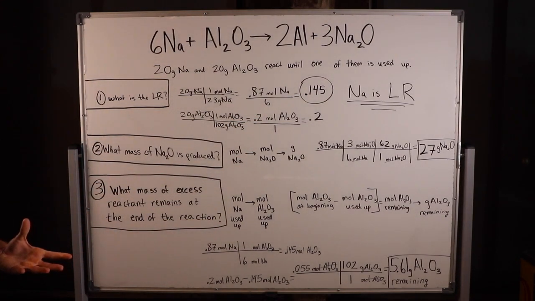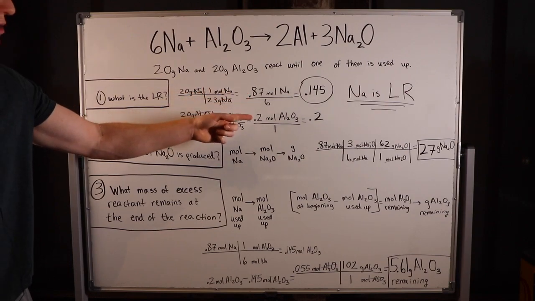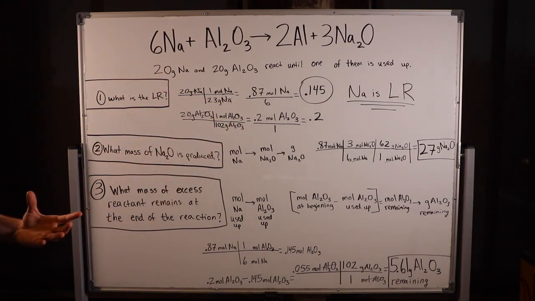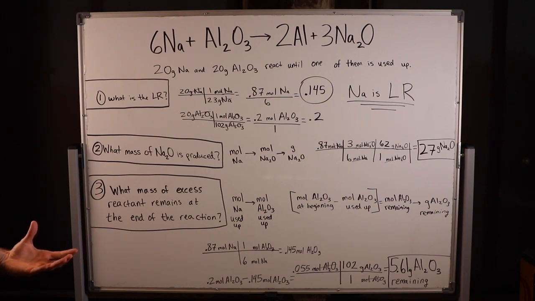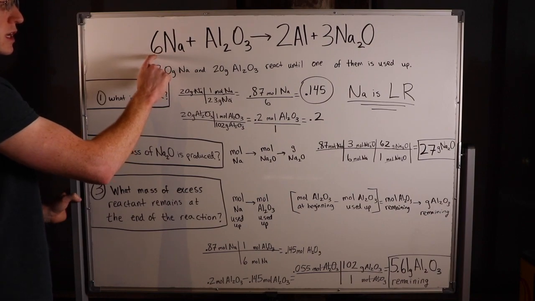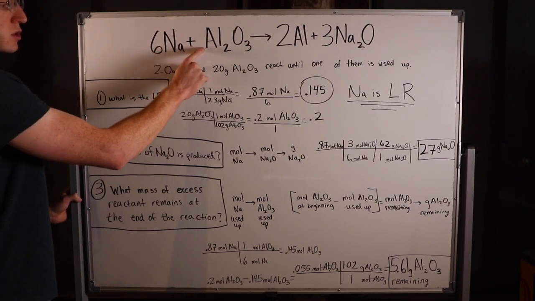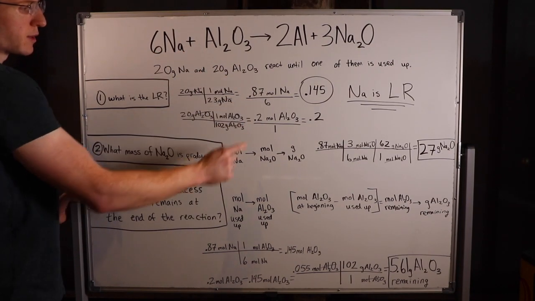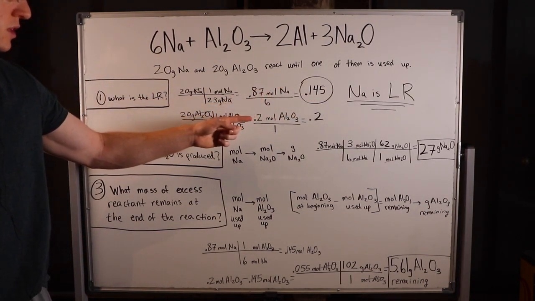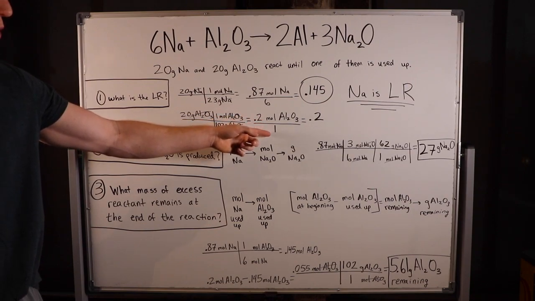A common mistake here is to directly compare these amounts of moles and say, well, I have fewer moles of aluminum oxide, so that means I must have run out of them first, right? Well, actually, you have to take into account these stoichiometric coefficients. Here's a 6, here's a 1. So 0.87 over 6 is actually the final number that we have to compare to 0.2 over 1, or 0.2.